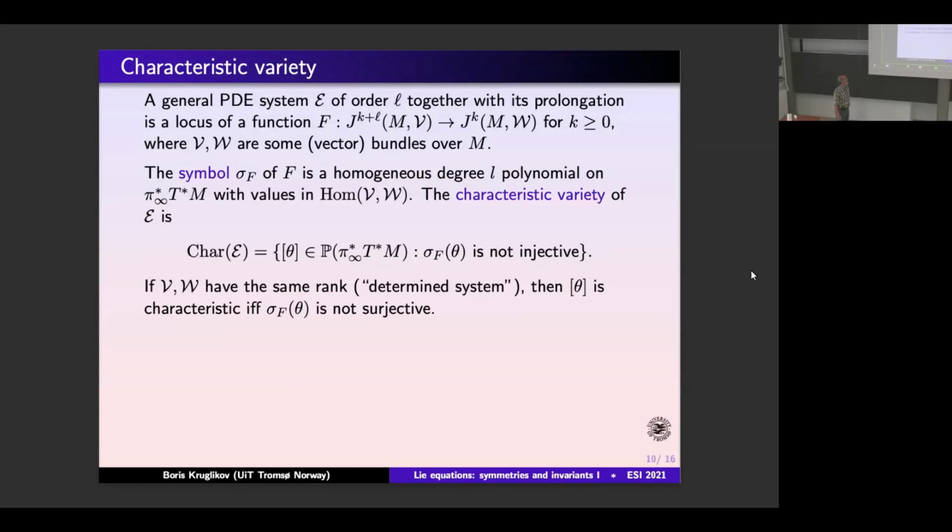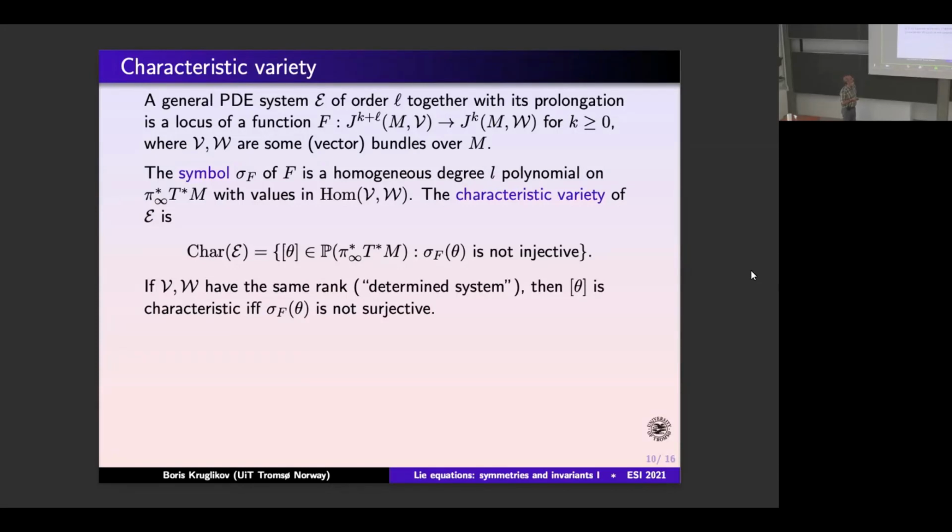Okay, so what is a characteristic variety? That's a polynomial on T star M, right, with values in Hom(V, W). In the overdetermined context, the rank of W is greater than the rank of V, and you expect it is generically injective. Also the same for determined. You expect it is generically injective.